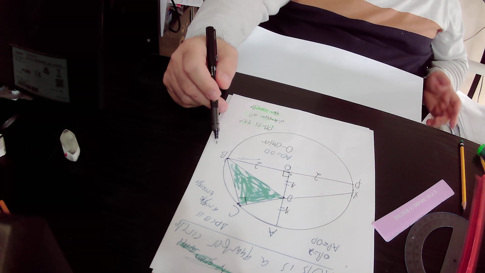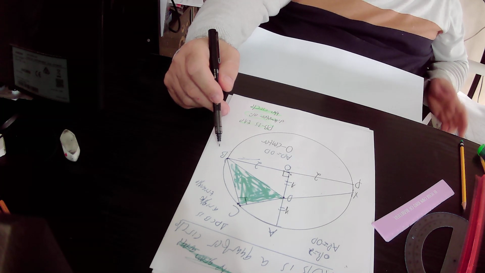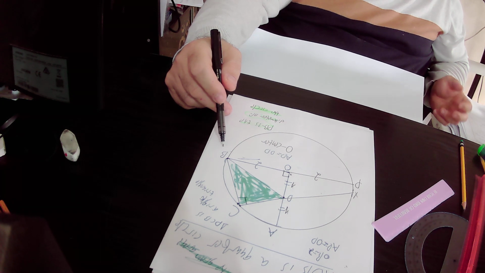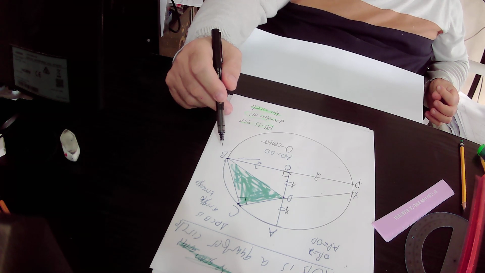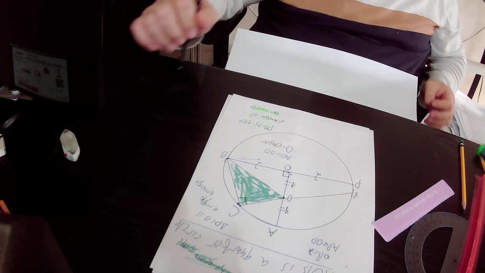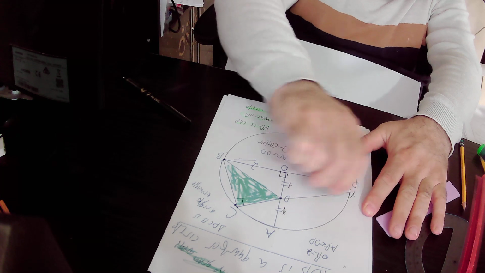So therefore we have here a contradiction: peripheral angle BCX must rest on the diameter PB, but it doesn't rest on the diameter. So in order to solve the contradiction, we must conclude that point X merges with point P.